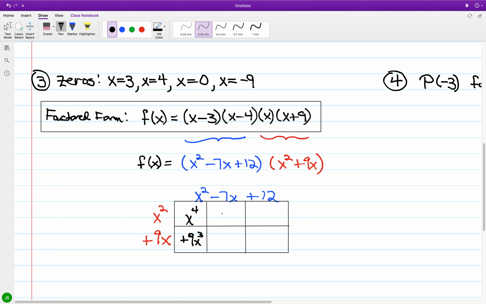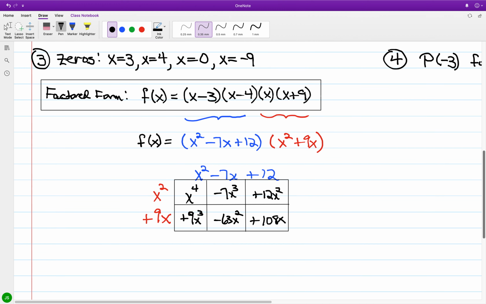We have negative 7x times x squared is negative 7x cubed. Negative 7x times 9x would be a negative 63x squared. And we have plus 12x squared. And 12 times 9x would be 108x.